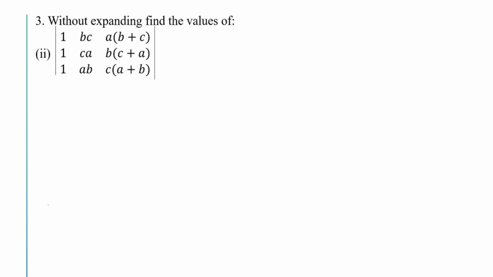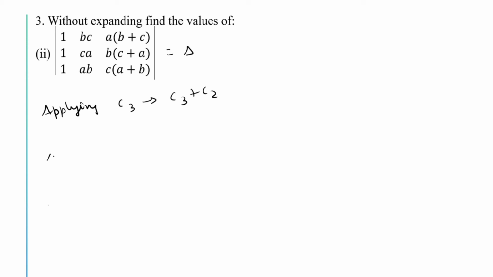The next question, without expanding, find the values of this determinant. 1 BC, A into B plus C, 1 CA, B into C plus A, 1 AB, C into A plus B. So let us take this as equal to delta. Now let us apply C3 changing to C3 plus C2.